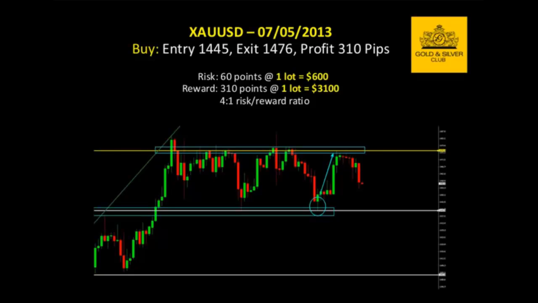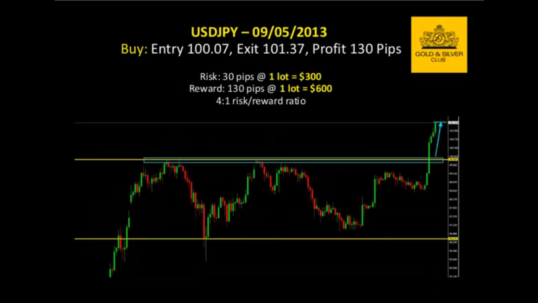Got out back at 1476 for 310 pips profit. We weren't trying to be greedy, we just recognized that's an area of resistance, and in fact the price has just reversed since then. So a nice day trade for a 60-point risk, so $600 risk on each lot we traded, for $3,100 of profit. For a 4-to-1 risk to reward, a nice day trade on gold just on Wednesday.